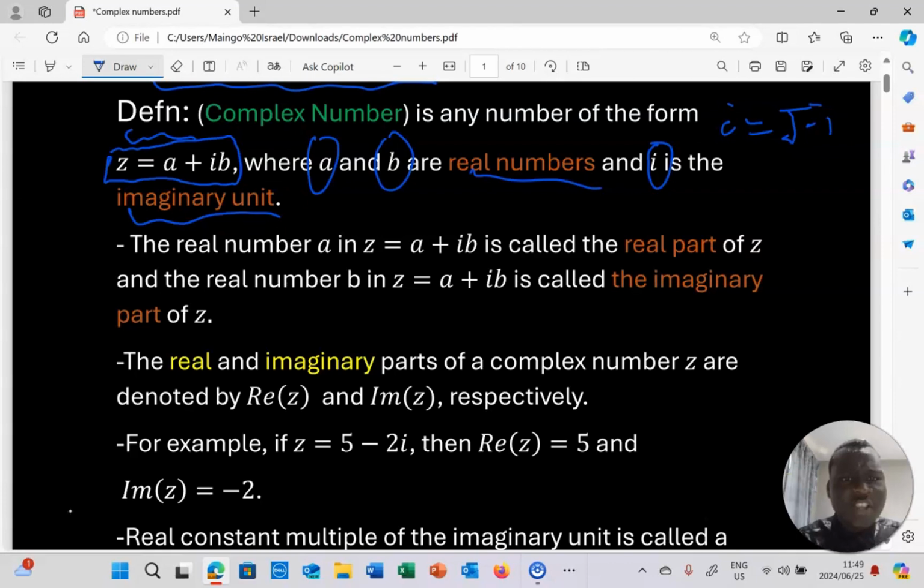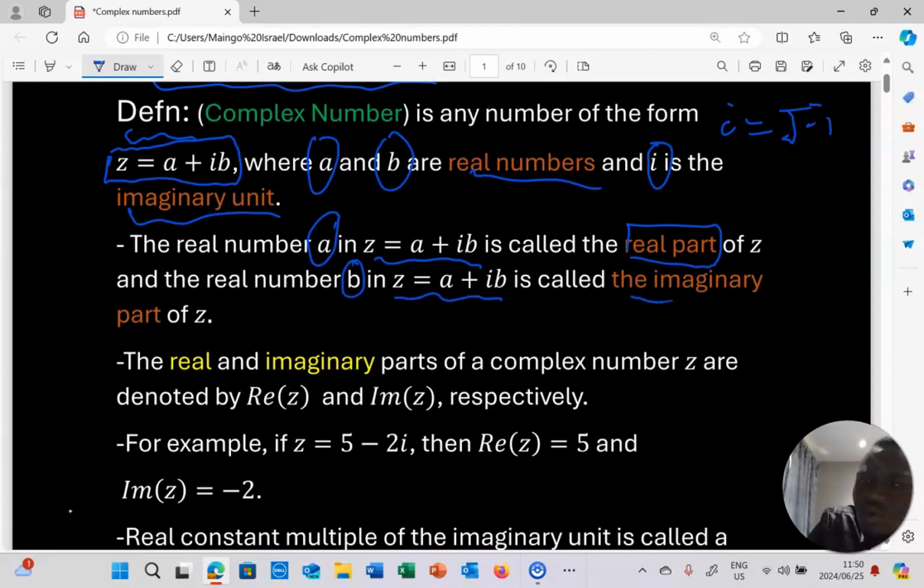Take note that the real number a in this complex number is called the real part of the complex number z, and the real number b in the complex number z is called the imaginary part of z.